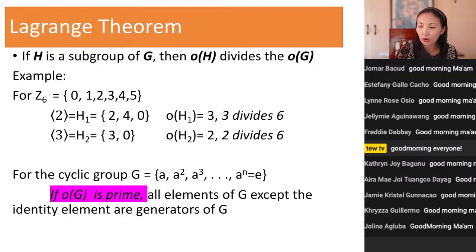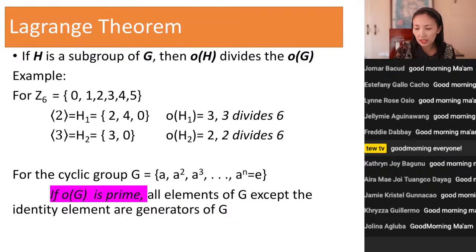Now for the cyclic group, last time we discussed also a cyclic group. When is it cyclic? If there is an element A which could generate all the elements of G: A raised to 1, A raised to second, A raised to the third, and so on and so forth until A raised to n, and that gives the identity element.